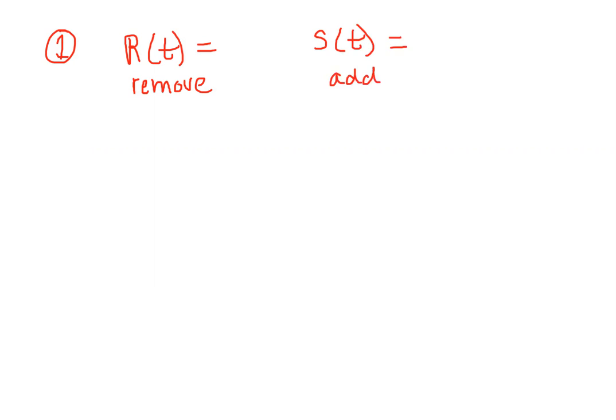All right, the tide removes sand from a beach at the rate of R of t. I'm not going to write it all out here. It's written there. This is the rate that the sand is going away from the beach. And then there's a pumping station that is adding sand at the rate of S of t. Both R and S have units of cubic yards per hour, and t is measured in hours for t between 0 and 6.